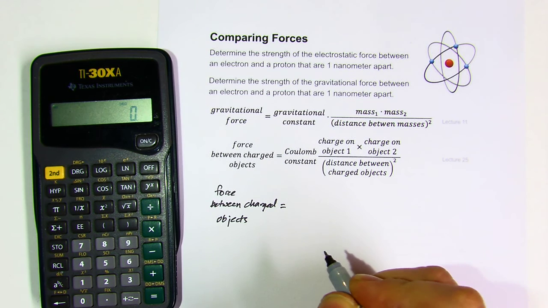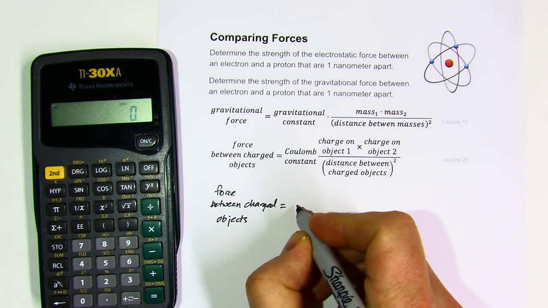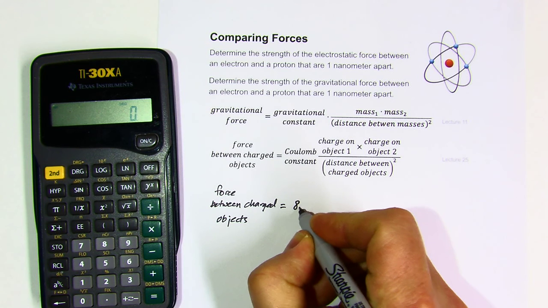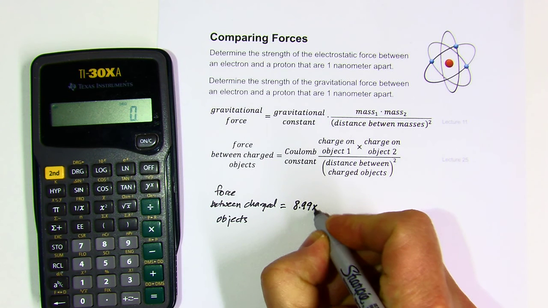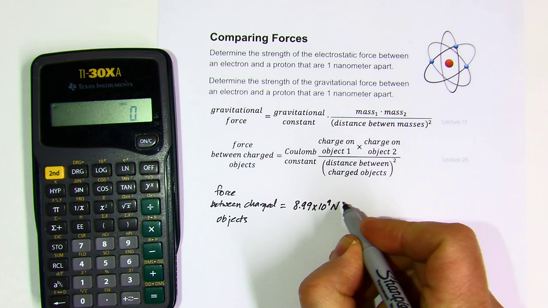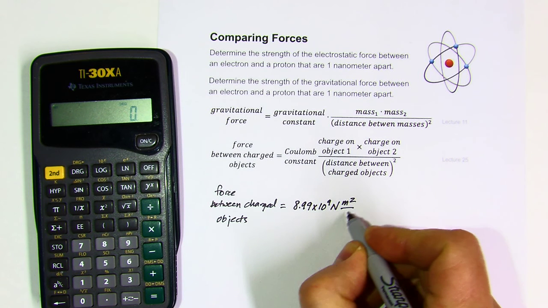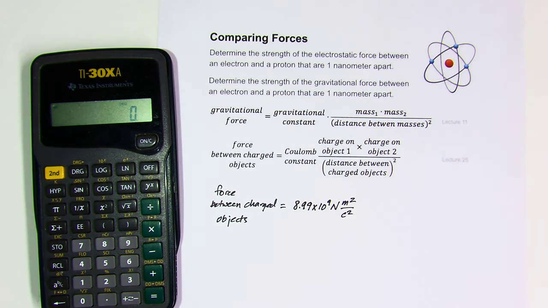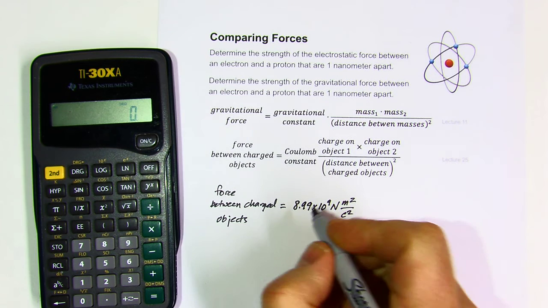Coulomb constant was given in lecture 25, and it is 8.99 times 10 to the 9th. Has some odd units, but the units are what are needed to cancel out most of the units of the other factors in here. Newton meters squared per Coulomb squared.